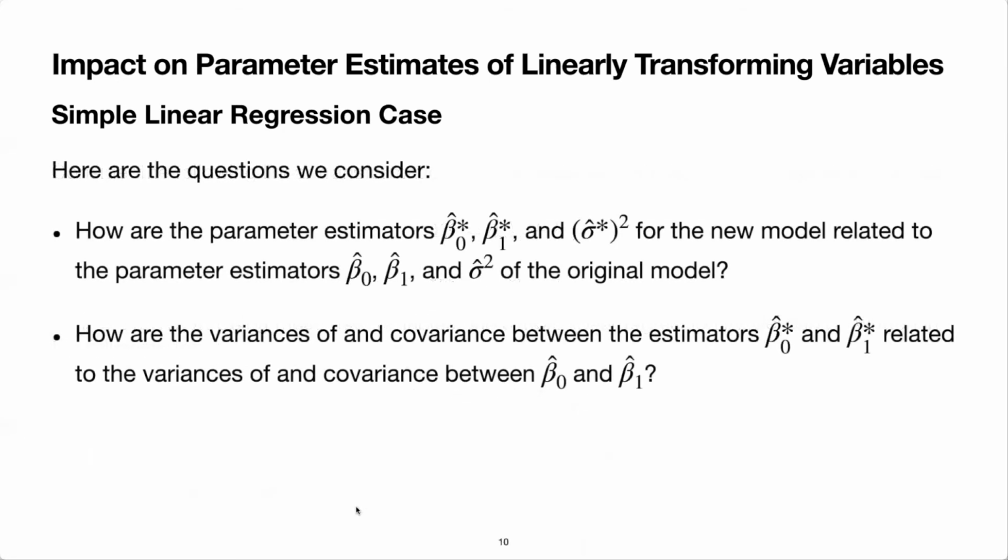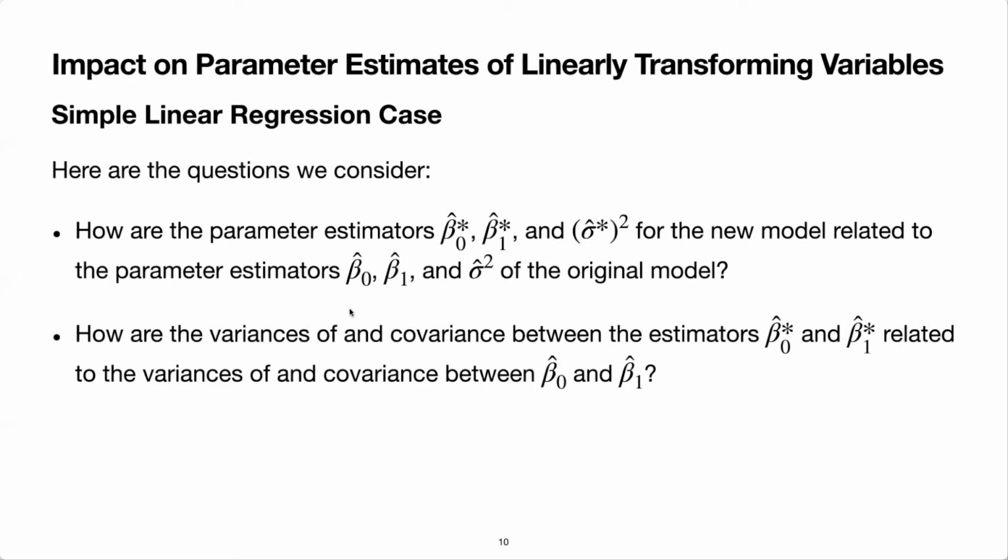And so here are the questions that we're considering at this point in the lecture video. How are the parameter estimators, beta 0 star hat and beta 1 star hat, as well as sigma star hat squared for the new model, related to the parameter estimators beta 0 hat, beta 1 hat, and sigma hat squared of the original model?